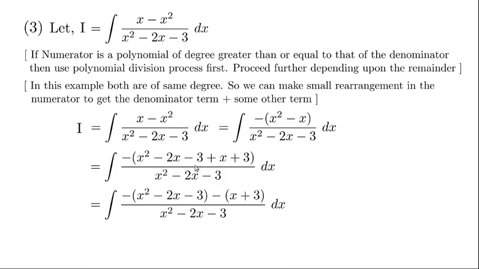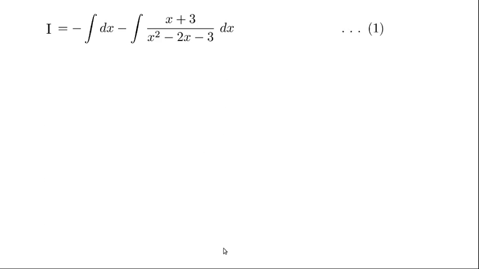So that gives you minus of (x square minus 2x minus 3), which is nothing but the denominator term, minus (x plus 3). And now separately divide it. On separate division this cancels, we get minus 1 minus (x plus 3) upon x square minus 2x minus 3 dx. And now we take the separate integration and we call it equation 1.